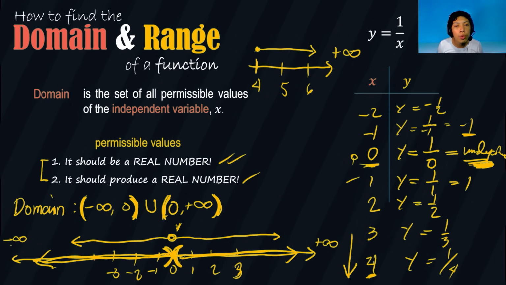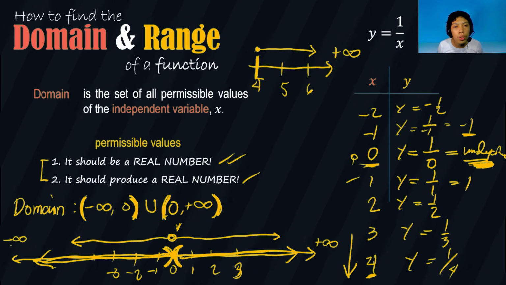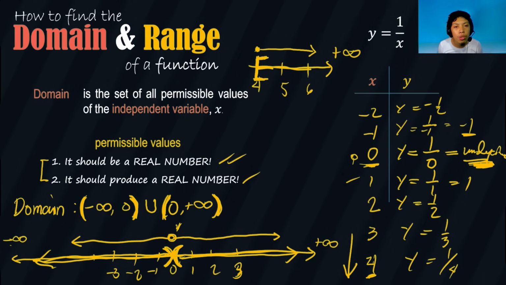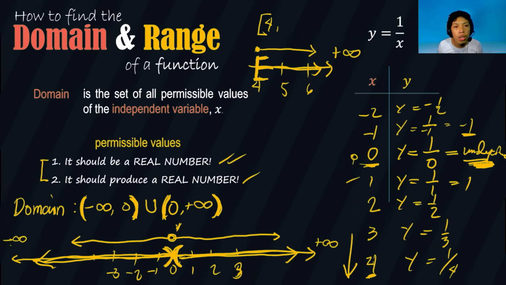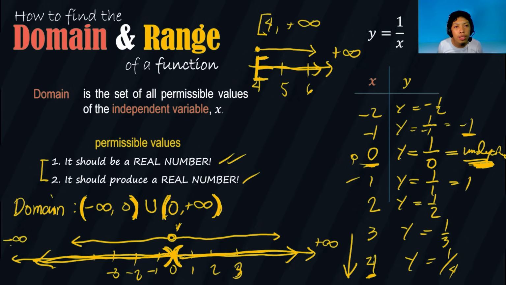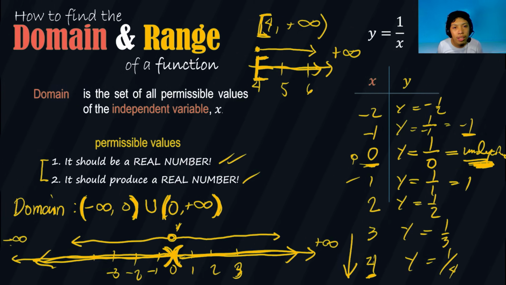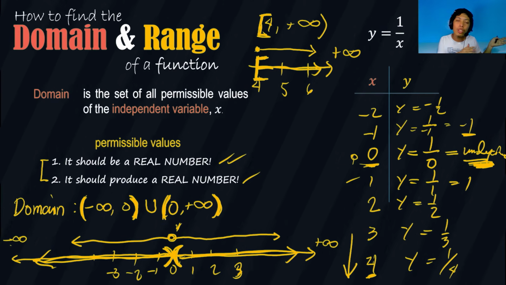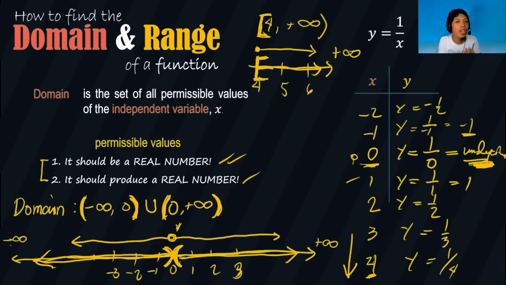So here, if 4 is included, you use this sign, the bracket. So, 4 is included from 4 to positive infinity. That means that from 4 to positive infinity is the domain, including 4 itself.